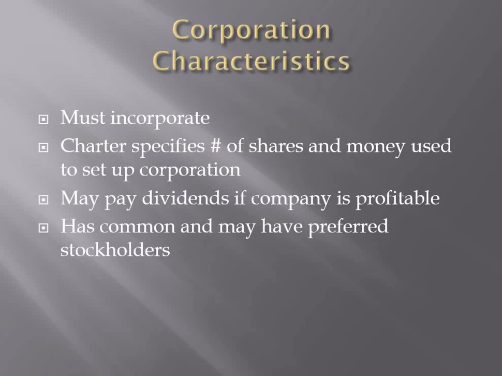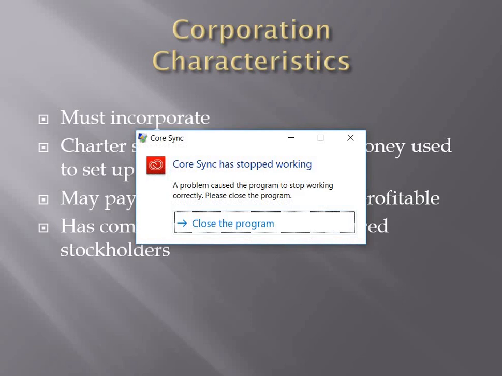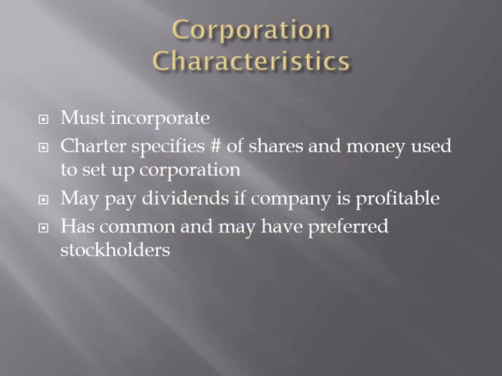Now, some characteristics. So what they do is they issue stock or a number of shares where they sell it to people, and the money that they make from that sale is used to set up the company. Now, if it's one person who decides to turn their sole proprietorship into a corporation, they would essentially just have them get all of the shares for that. Okay.